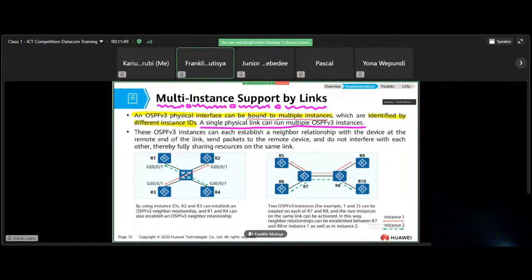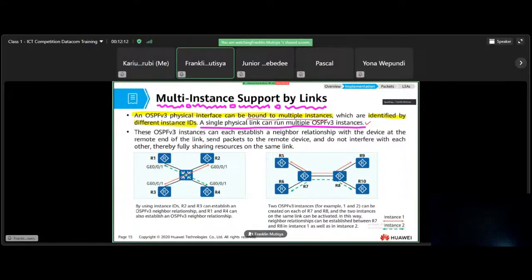So a single physical link can run multiple OSPF version 3 instances. That's an advantage of OSPF version 3 compared to OSPF version 2, where we can only have one OSPF version 2 instance on a given physical link.